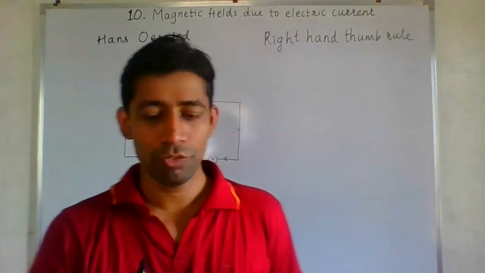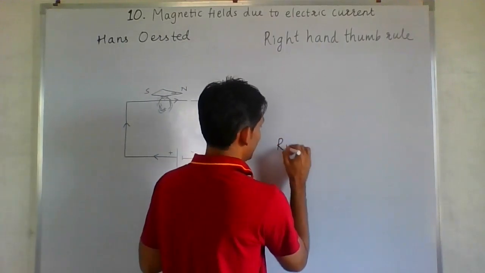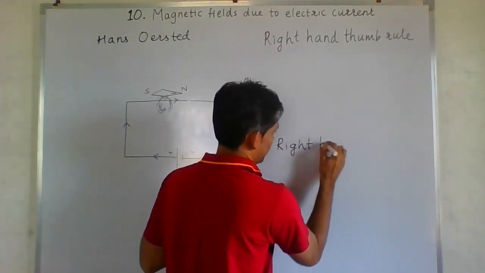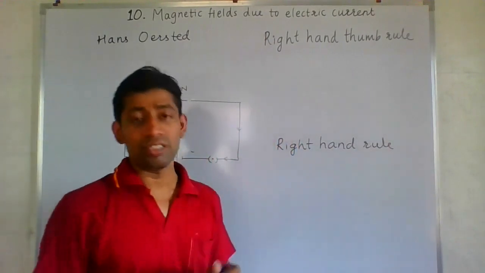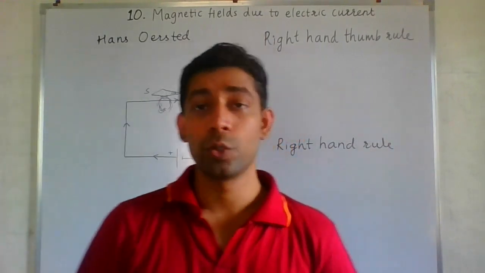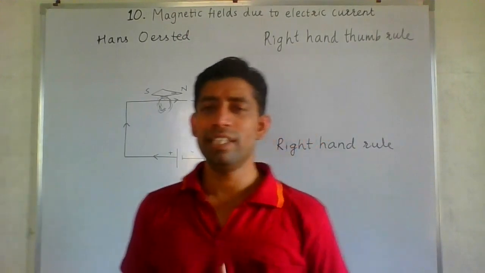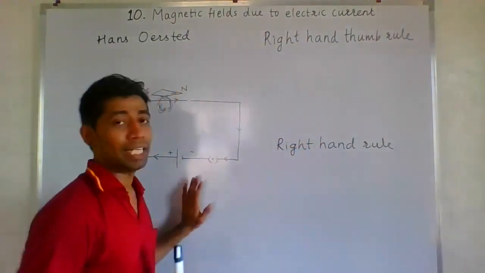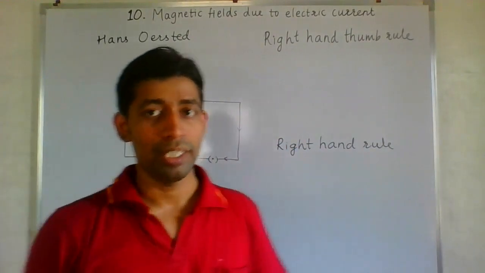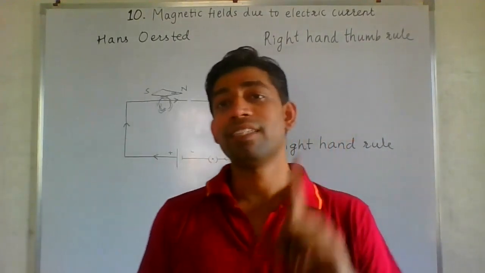There's one more rule which is called the right hand rule. Sometimes we link this with Fleming's rule also, with some changes. This is slightly different from the 10th standard. Let me tell you, when you studied the electric motor in 10th standard, you used Fleming's left hand rule.